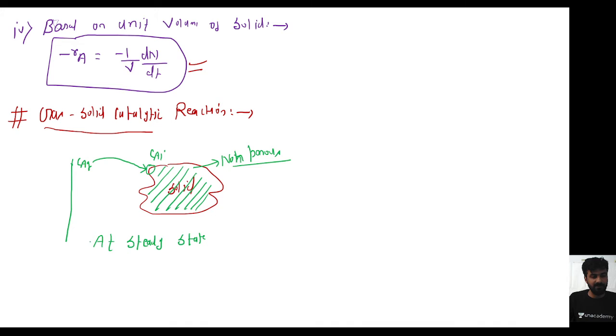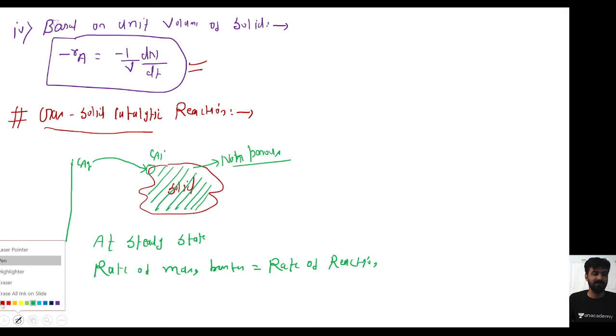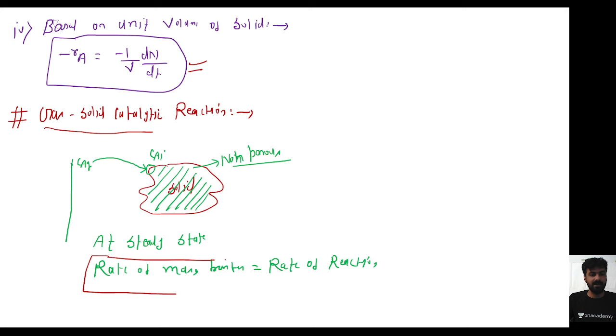At steady state, the rate of mass transfer equals the rate of reaction. The mass transfer is only possible due to the rate of reaction over here. That's why at steady state the rate of mass transfer will be equal to the rate of reaction. Hope up to this everything is clear.